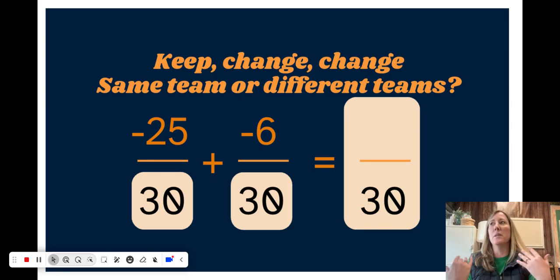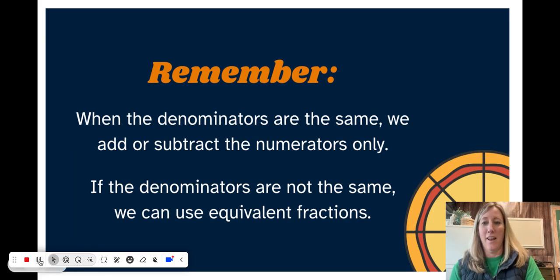Our brains are going to be able to look at this a little more clearly and see that these are both negatives and they're on the same team, okay? So when we add them up, same team, 25 plus 6 is going to be -31. Negative 31 over 30, which would simplify down to negative 1 and 1/30.